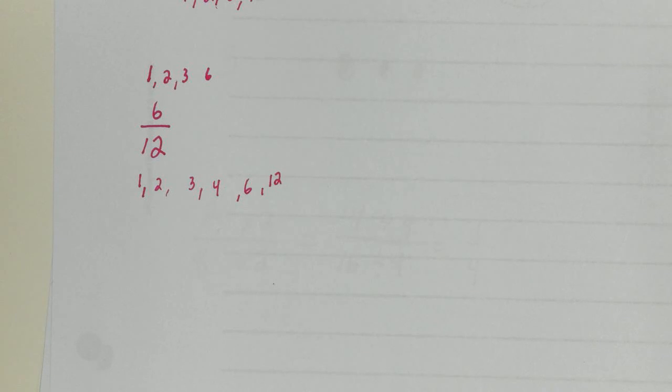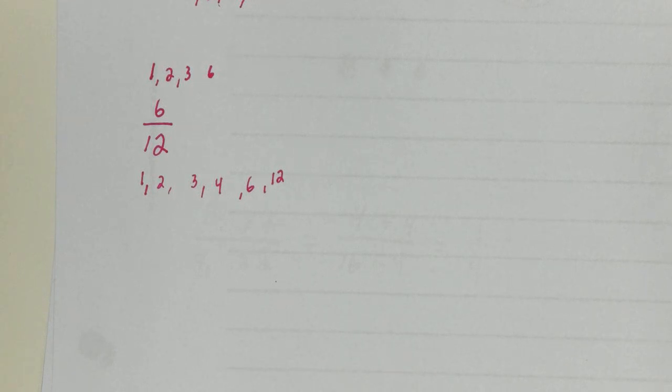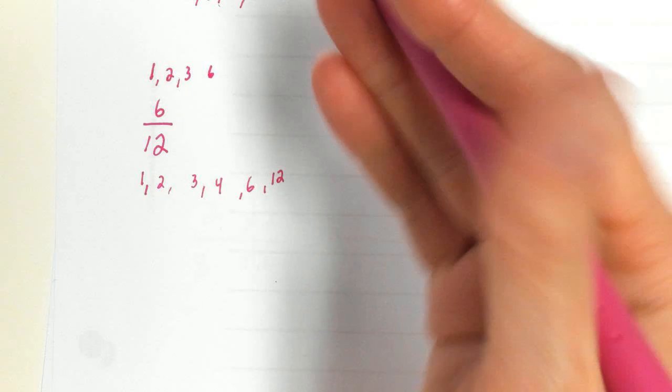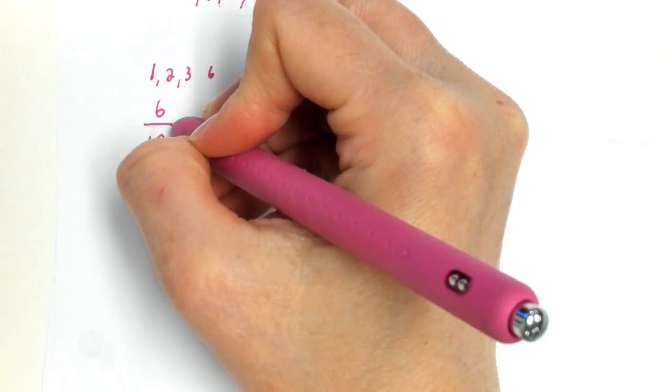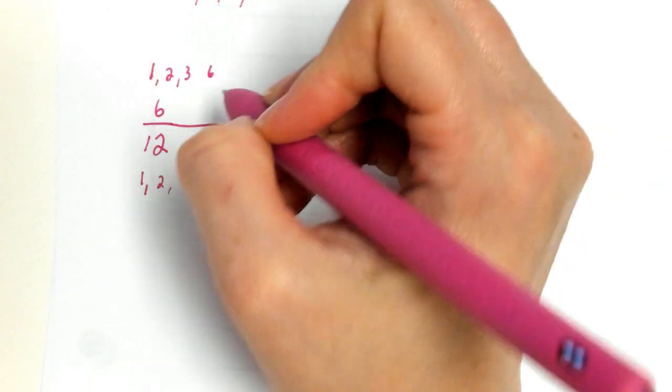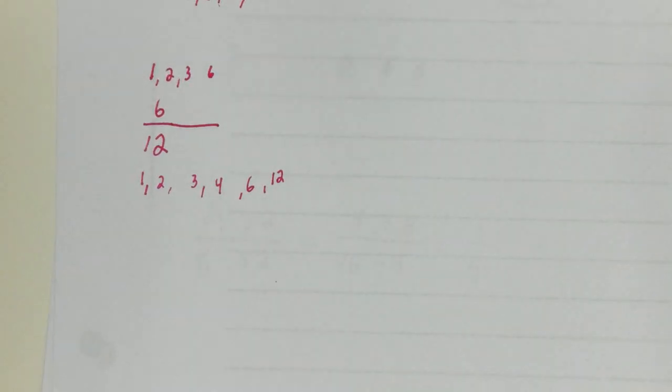Now, if I want to simplify this fraction, I can choose any common factor. If I want it in simplest form, I choose the greatest common factor. But I can do this in steps. So give me a number that I can divide both 6 and 12 by, Cody.